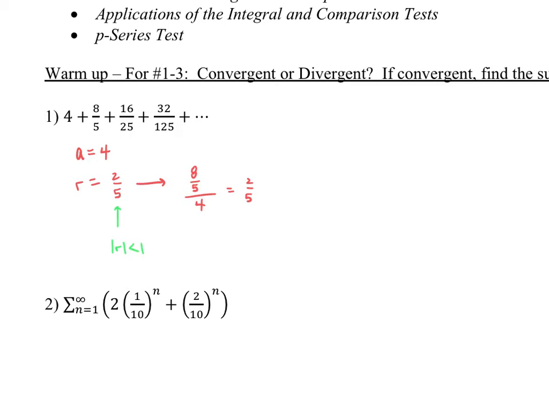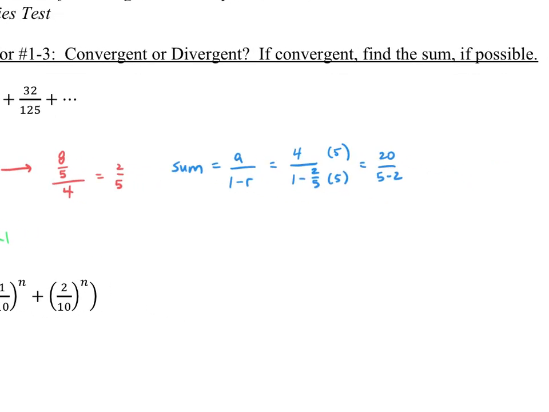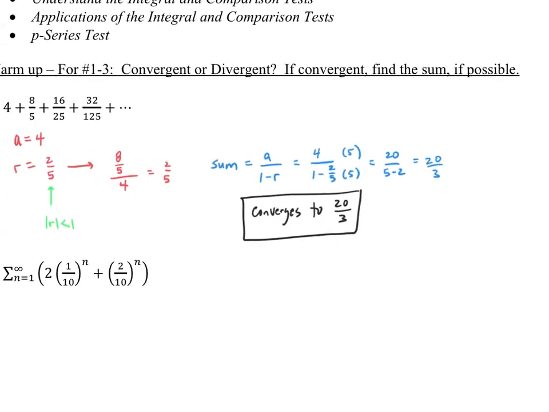So what we're going to do is find the sum, and the sum is the formula a over 1 minus r, which is going to be 4 divided by 1 minus 2/5, and we're going to multiply by 5 and by 5, and so we get 20 over 5 minus 2, and so our answer here is that this particular series converges to the sum of 20 over 3. So there's a good example of a geometric series.